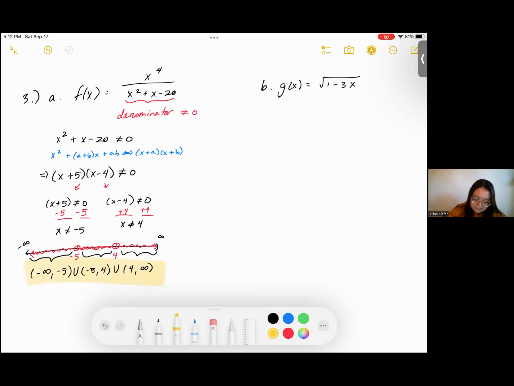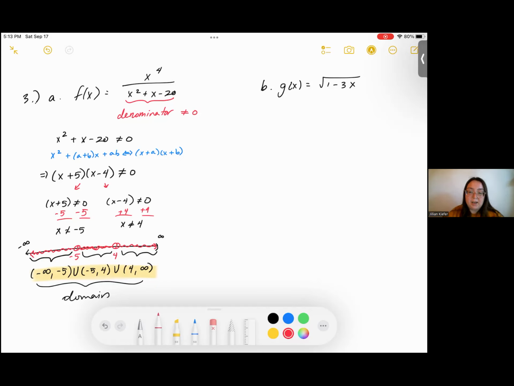And this part right here, this whole answer here, is our final answer for domain. So when the problem asks, what is the domain of f of x? The domain is negative infinity to negative 5, union negative 5 to 4, union 4 to infinity. So that would be our answer for part A.